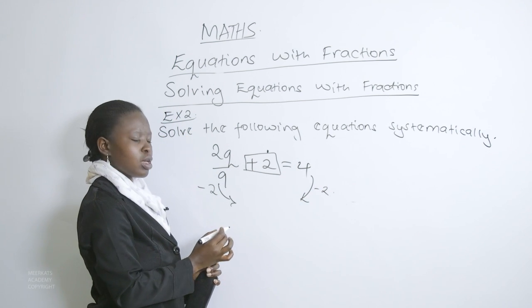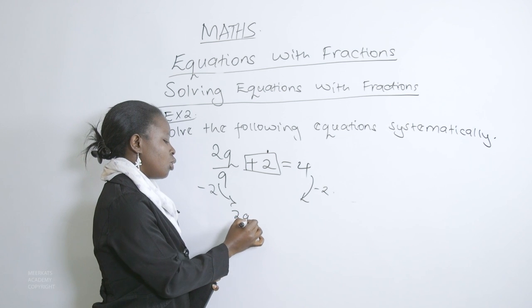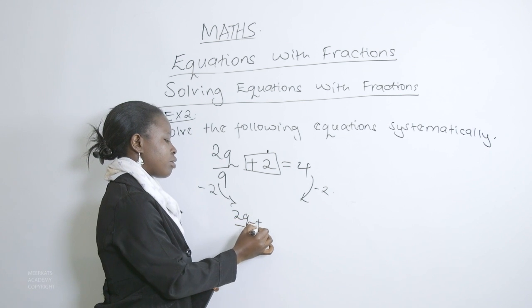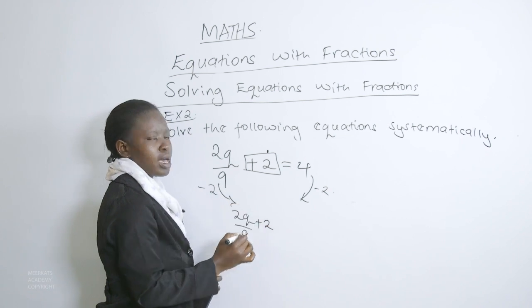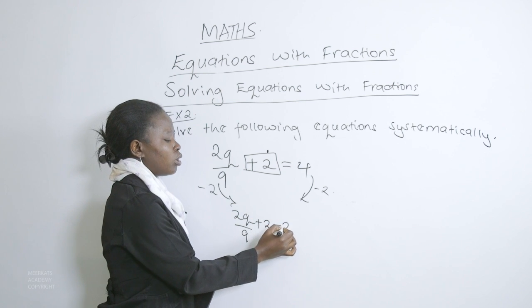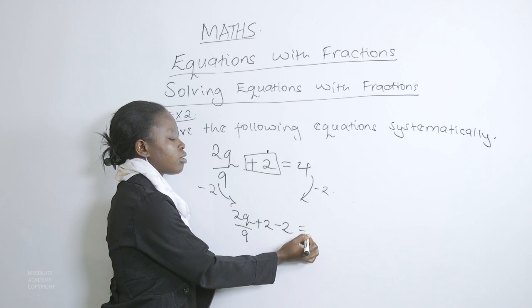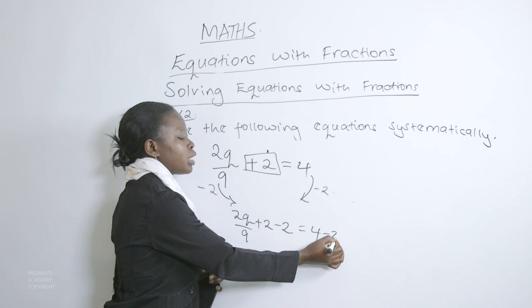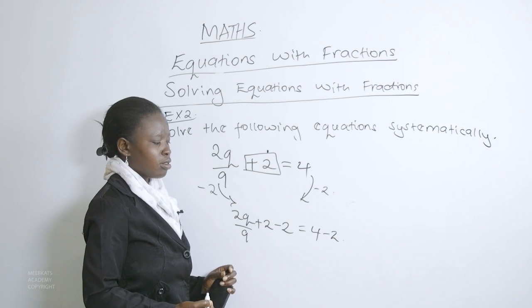because this is an addition. So we have 2q over 9 plus 2, and we are carrying out a subtraction. Minus 2 on the left-hand side will be equal to 4 minus 2 on the right-hand side.